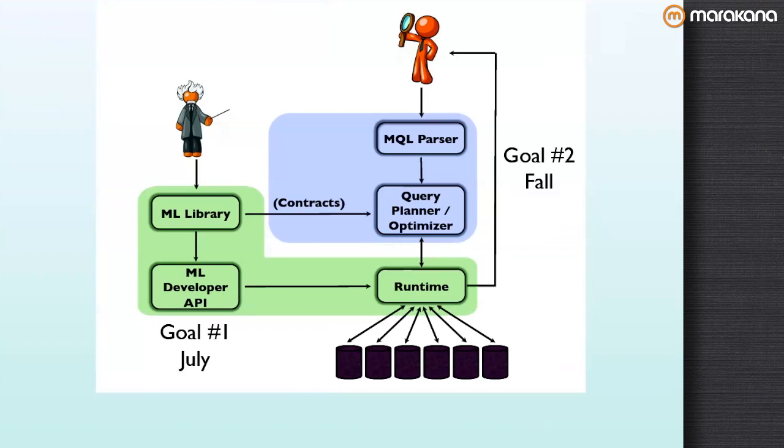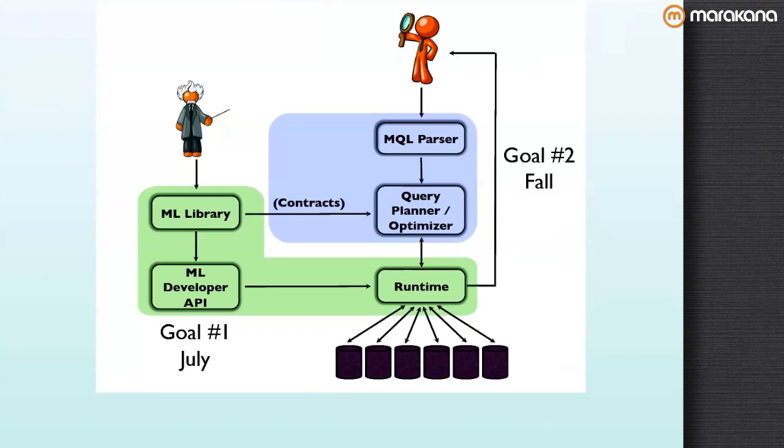What MLBase is attempting to do is a similar sort of model, but instead of issuing SQL queries against a database, we want to be able to issue machine learning-based queries. So instead of selecting rows from a database, you may say, against this database, I want you to cluster it for me.